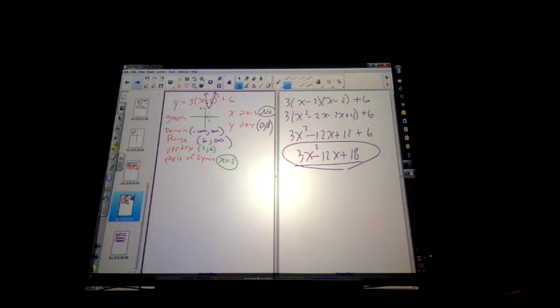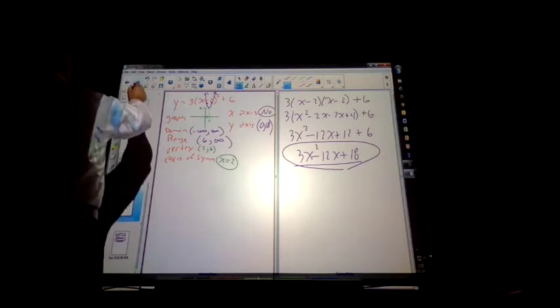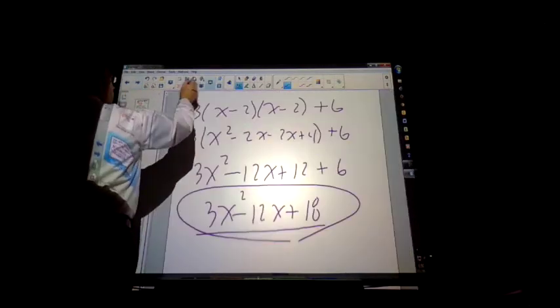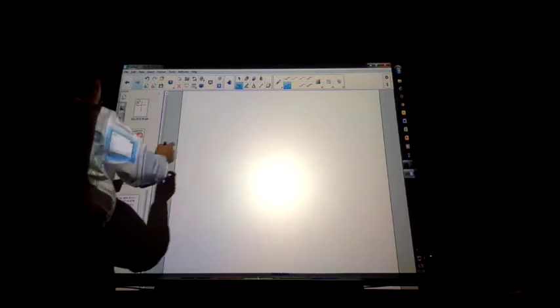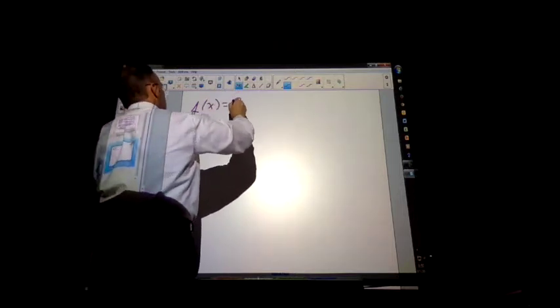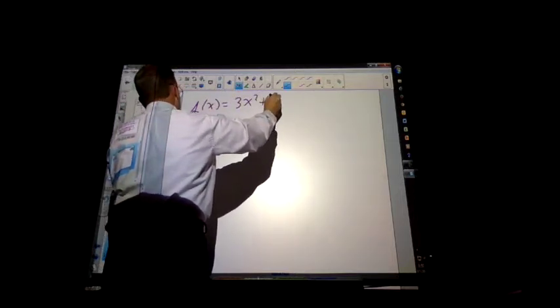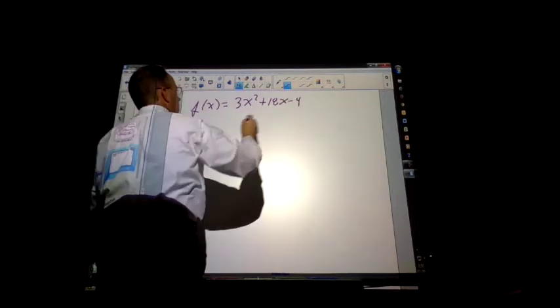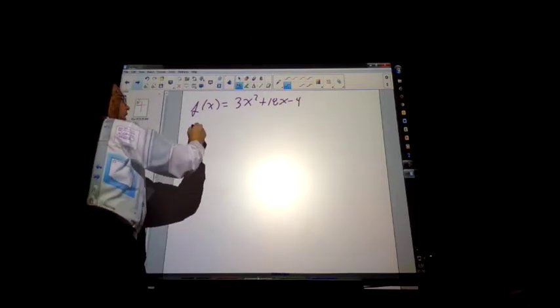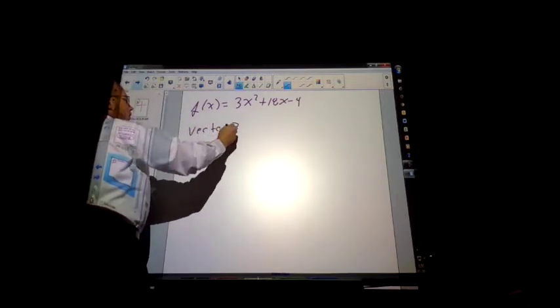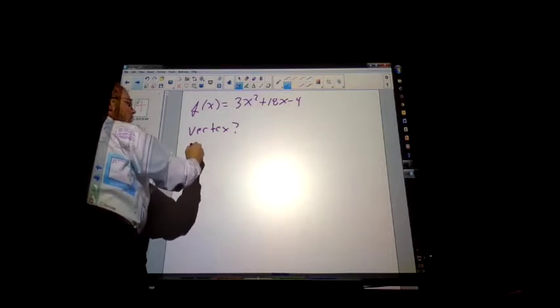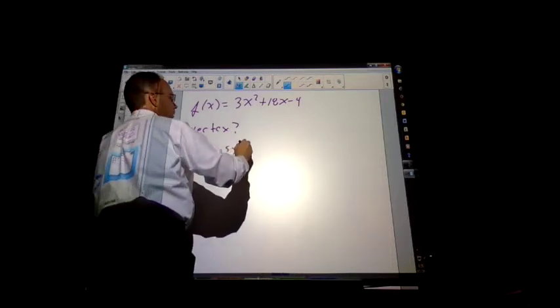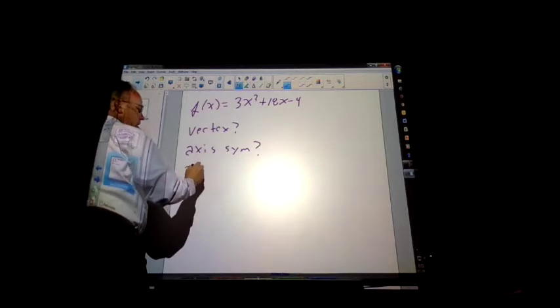All right. What about this one? This is the last one. If I had function at x or y equals this, where's the vertex? Where's the axis of symmetry? X-axis.